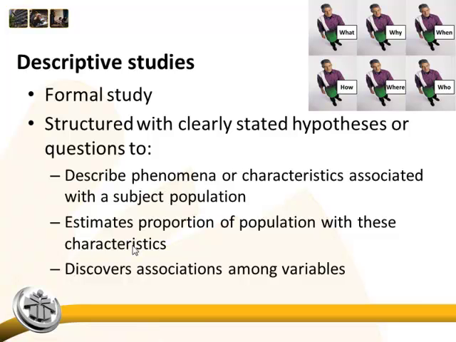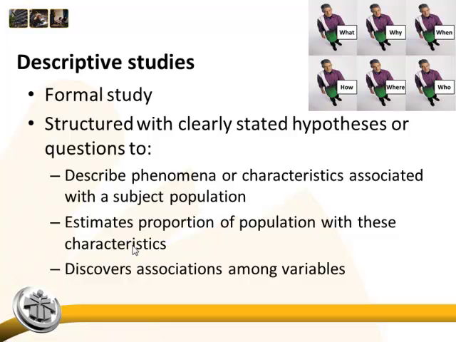So if we take Sebastian's example of the Telkom study, we might discover that if we look at the characteristics associated with the subject's population, we might find that people who live in townships are happy with the landline service, whereas people that live in Sandton are unhappy with the landline service.